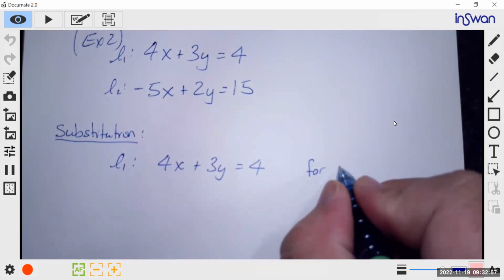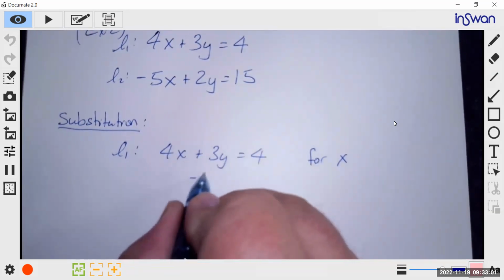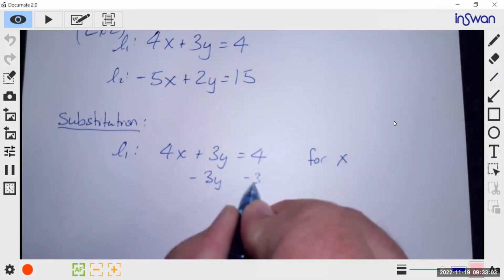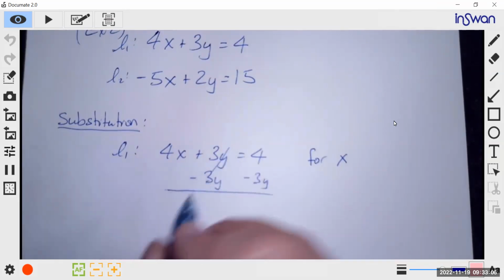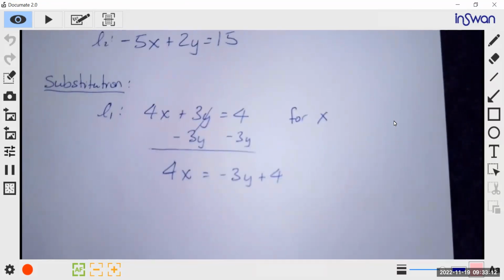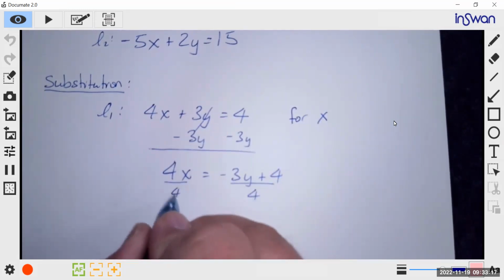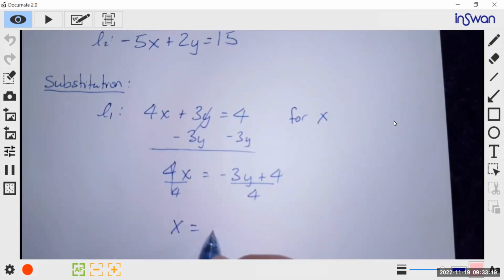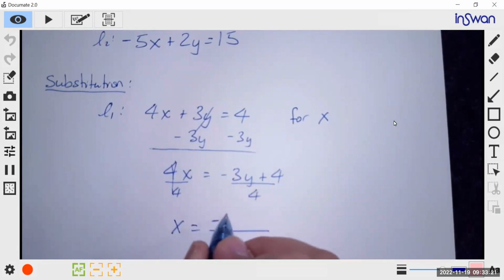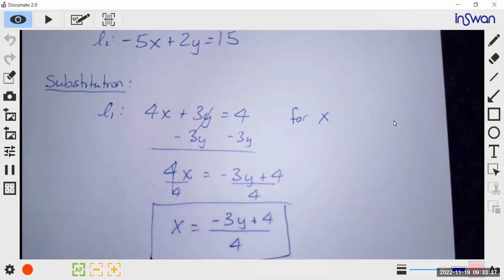And we want to solve for x. So subtract the 3y, so we have 4x equals negative 3y plus 4. Divide both sides by 4. Remember, this is going to be our formula for our x value.